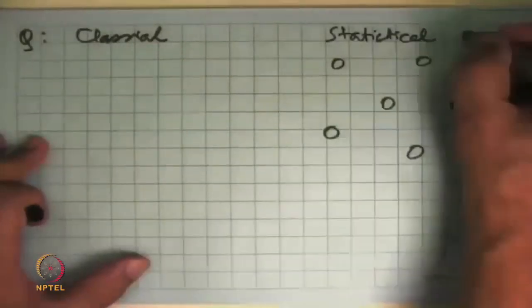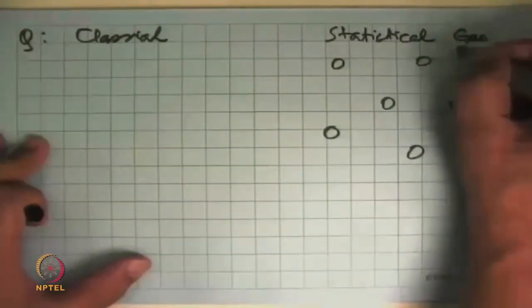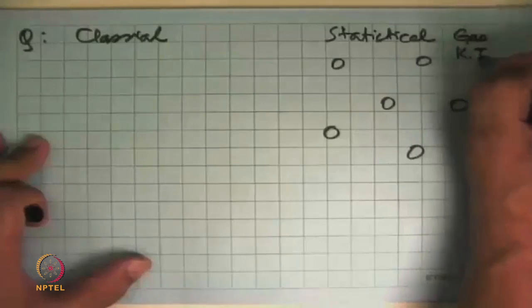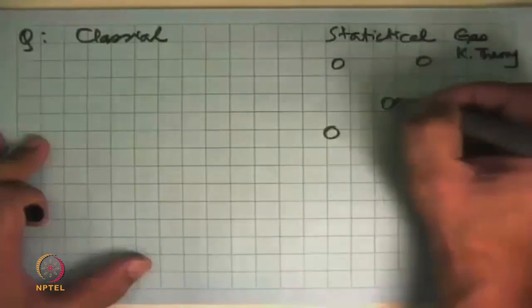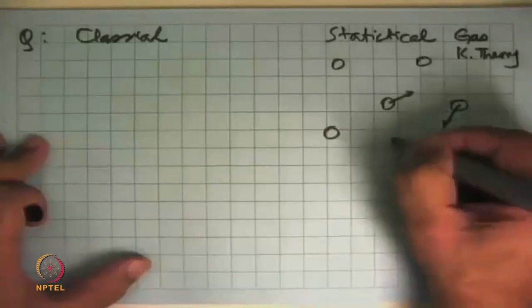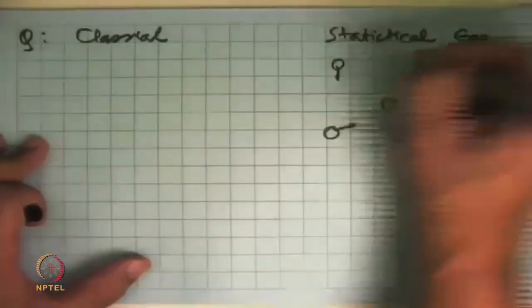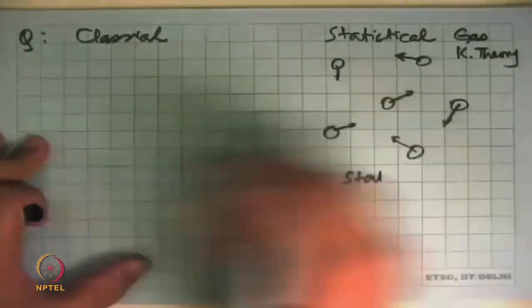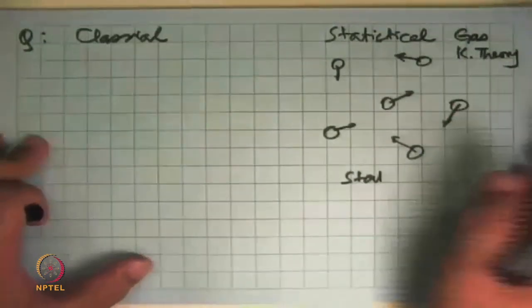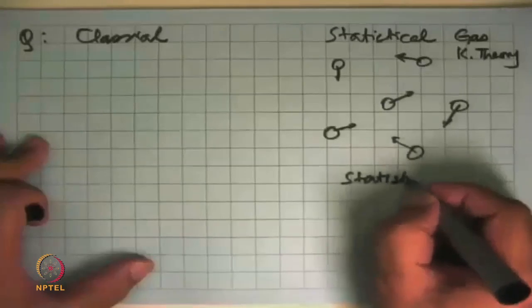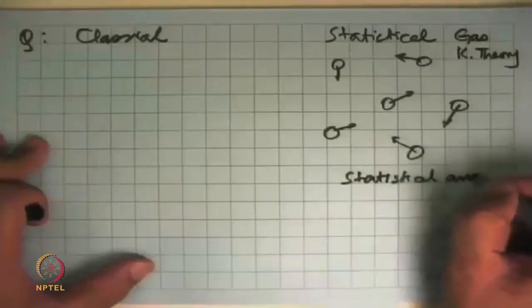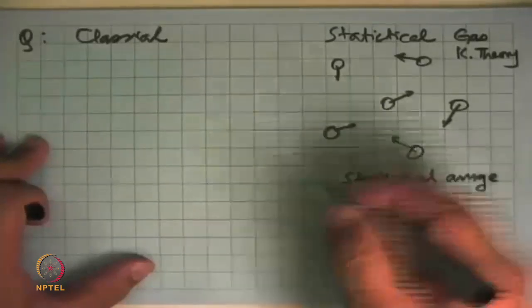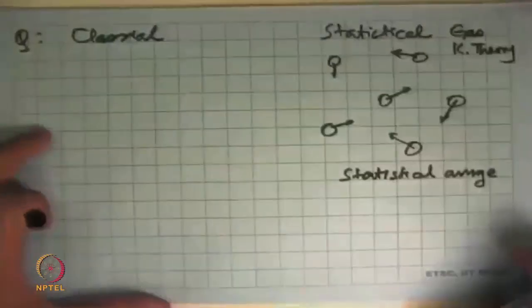Most notably, if it is in the gas phase, then we apply the kinetic theory of gases. We assign some properties to every molecule, and then we look at the statistical average, because there are too many of these molecules, we cannot talk about each and every one of them. So we look at the statistical average and start developing theory from that point.